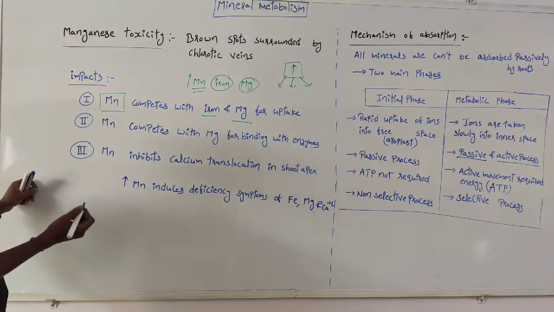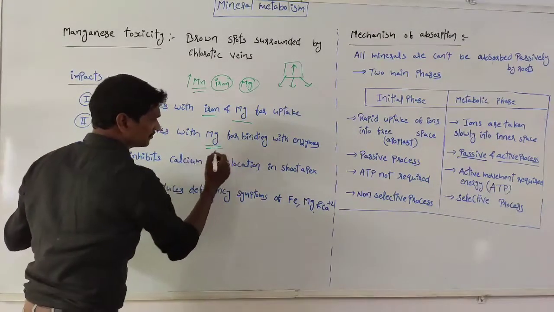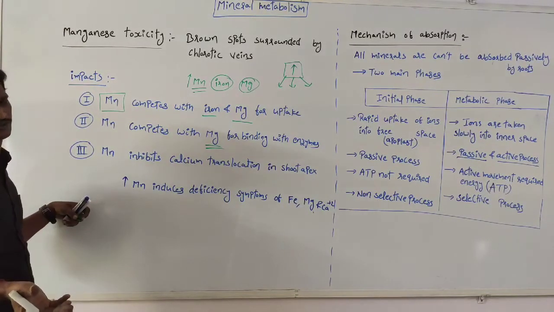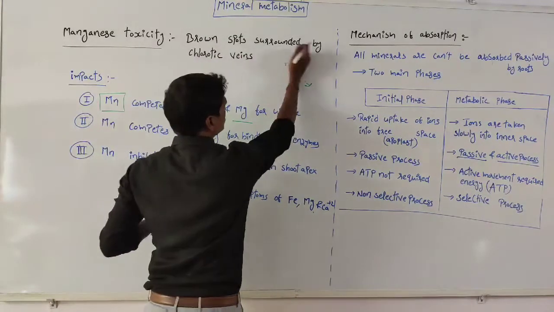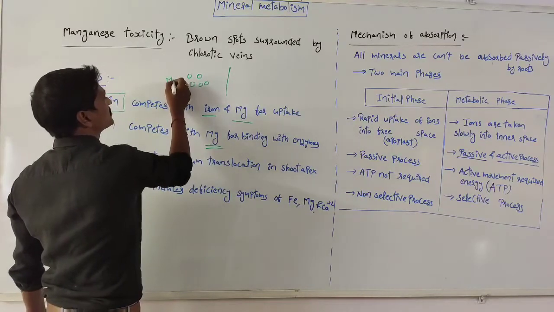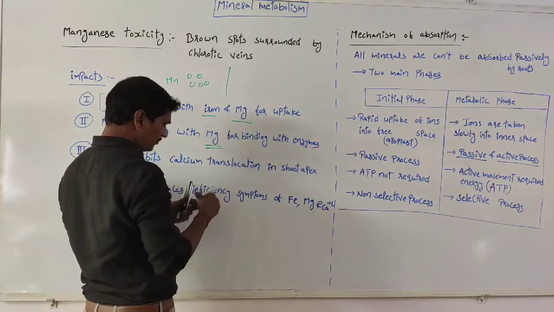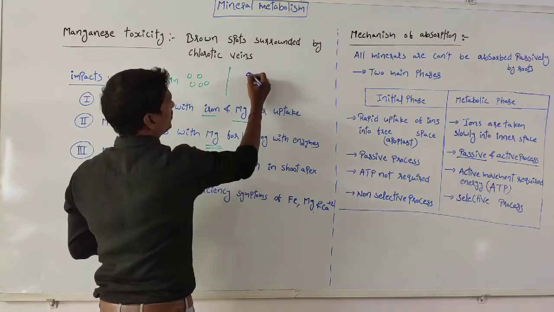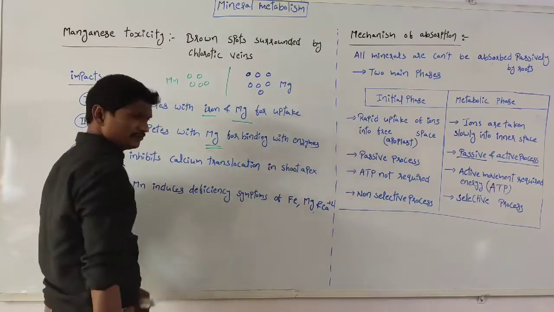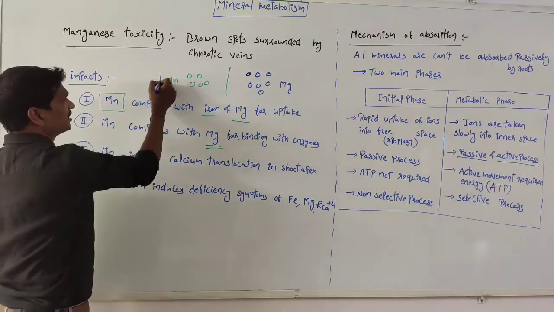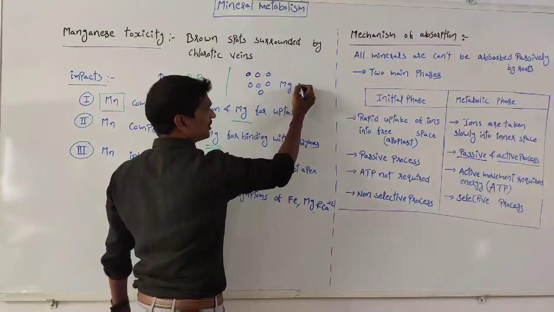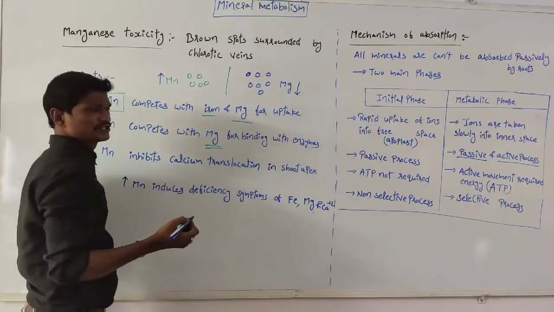And the second one: manganese competes with magnesium to bind with the enzymes. Very simple explanation. A group of enzymes are activated in the presence of magnesium. So in a plant, when high concentration of manganese is there, it automatically affects magnesium absorption, so the magnesium concentration is low.